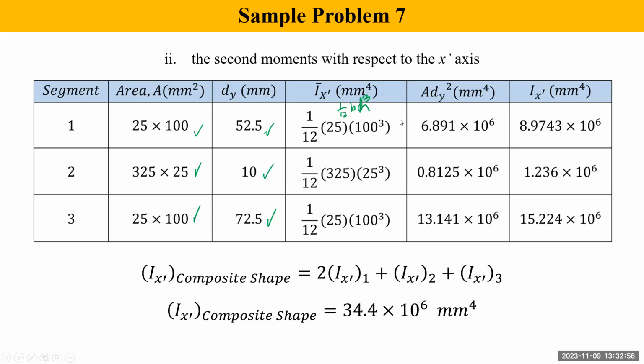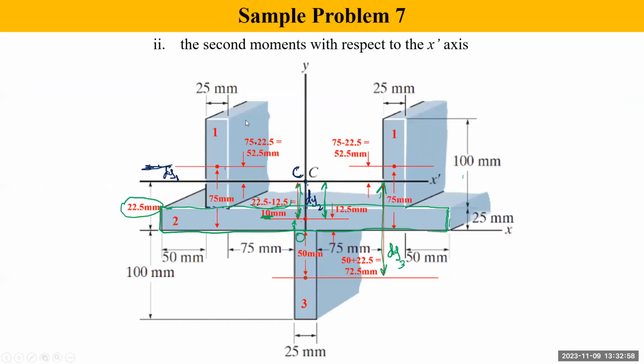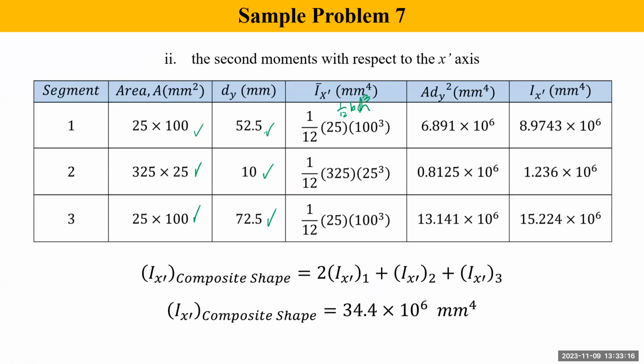Let's look back at them. For the first one, your breadth is 25 and your height is 100, and there are two of them. So it's 25 times 100 cubed for that one.